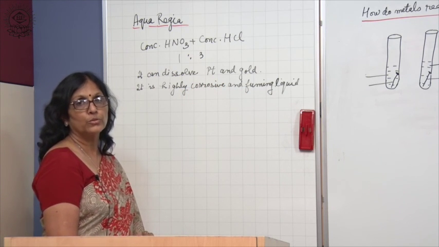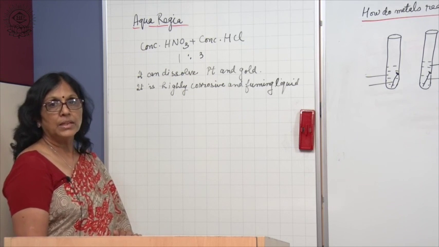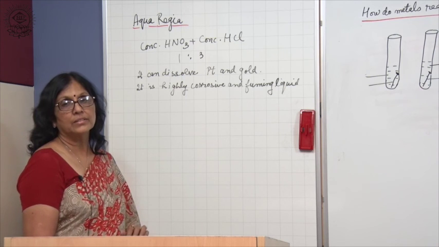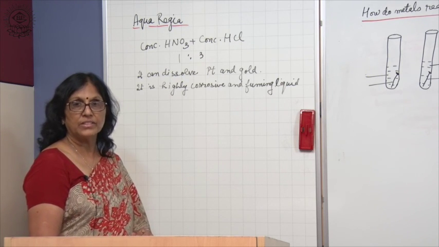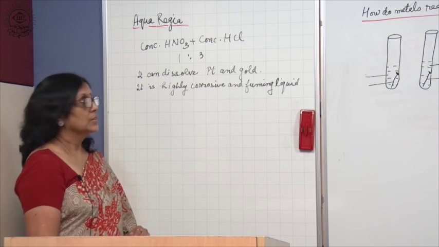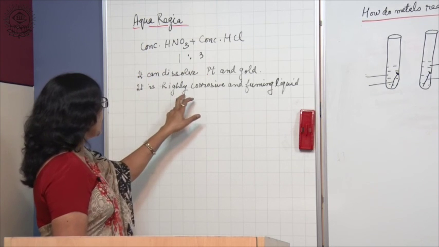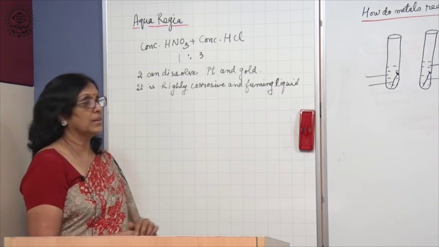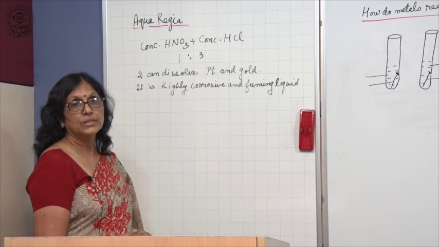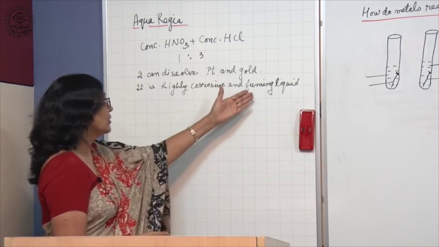These metals do not dissolve in any of the acids. But in aqua regia, which is a mixture of 2 acids, concentrated nitric acid and concentrated HCl, these 2 metals dissolve. Aqua regia is also highly corrosive. It corrodes various metal objects, wood objects or clothes, and it is a fuming liquid.